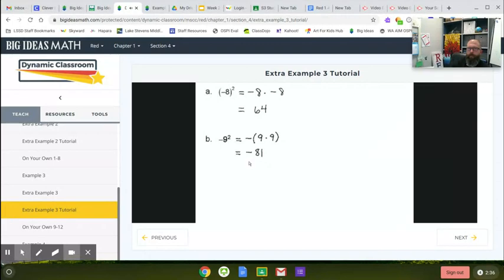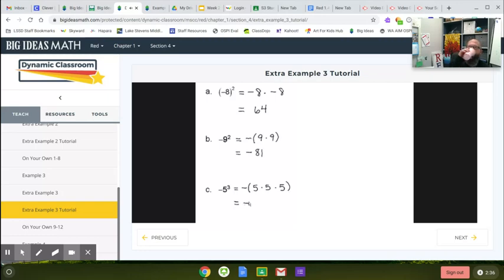Let's try one more example. Again, we see no parentheses, so we will read this as the opposite of 5 cubed. So to write this, we have the opposite, and then we write out 5 cubed, which is 5 times 5 times 5. So let's start multiplying.